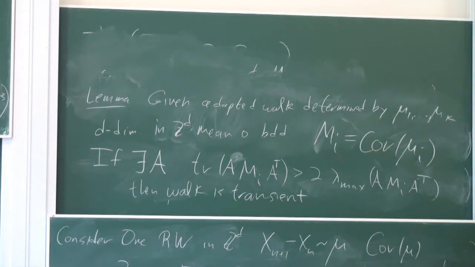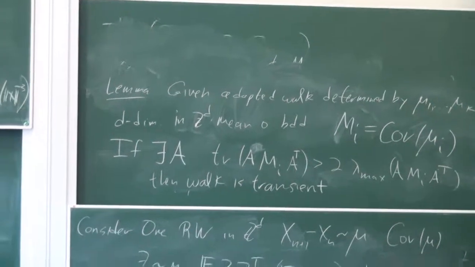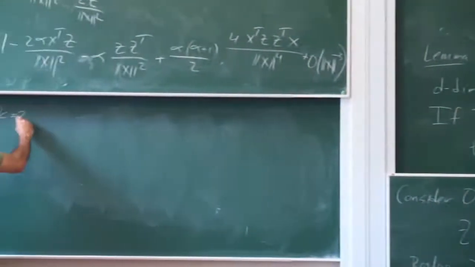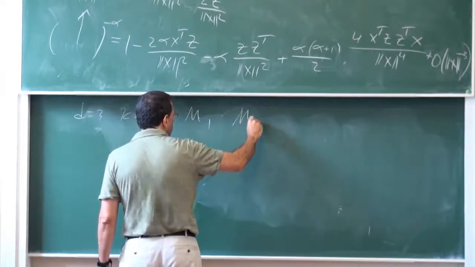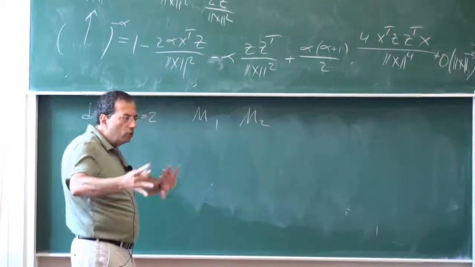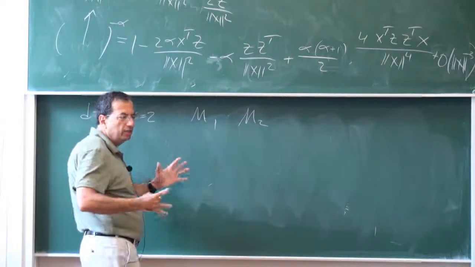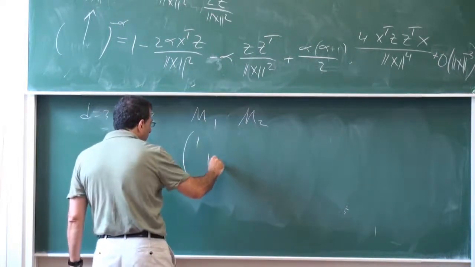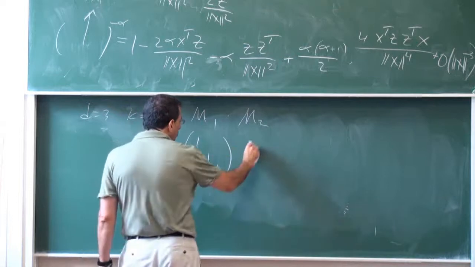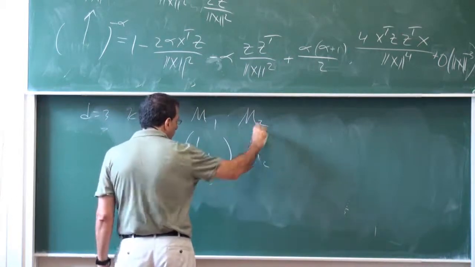For two matrices, it's enough to do it in dimension 3, because you can always look at the 3 coordinates of the walk. So let's take d equals 3, k equals 2. So we start with two covariance matrices, M1 and M2. Now you can always rotate to make one matrix the identity, just using a unitary transformation. So we can already assume that M1 is the identity, M2 has been transformed somehow.